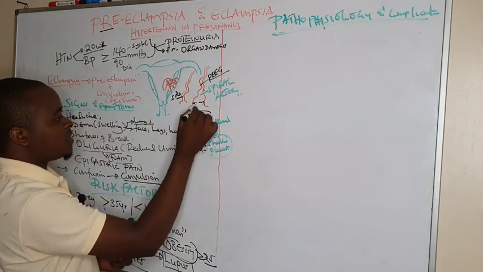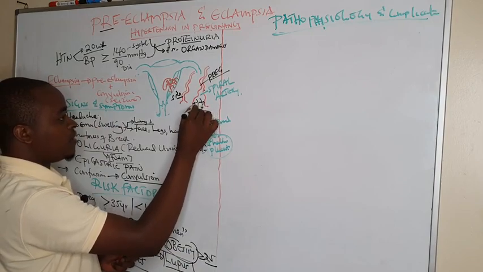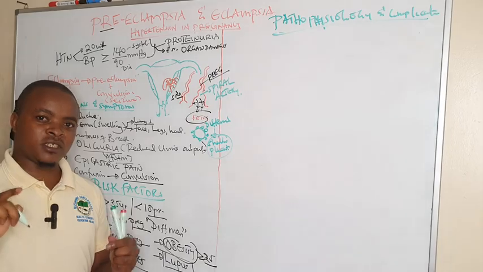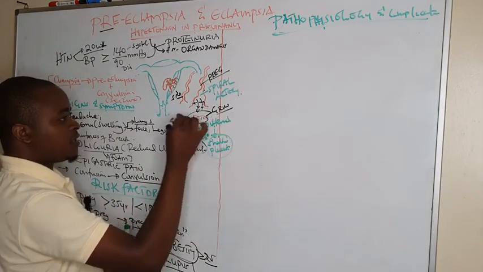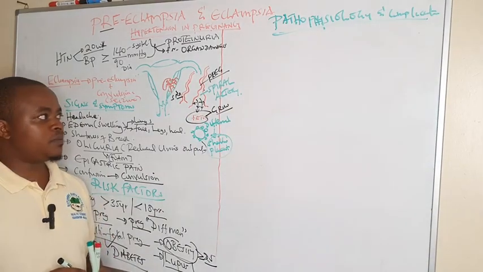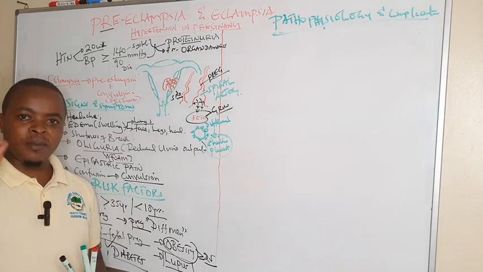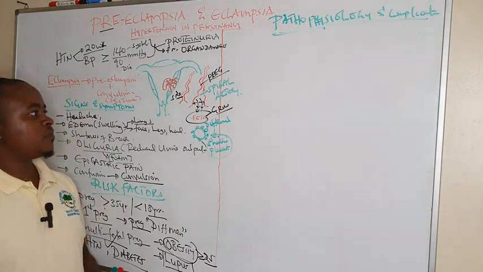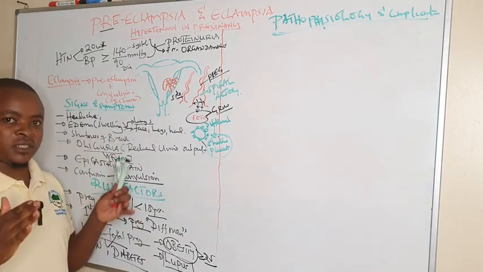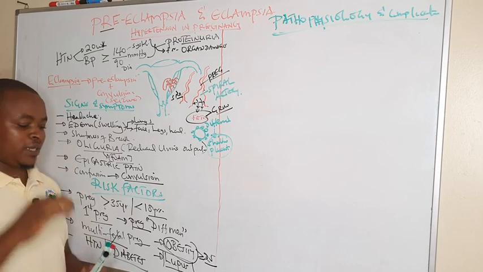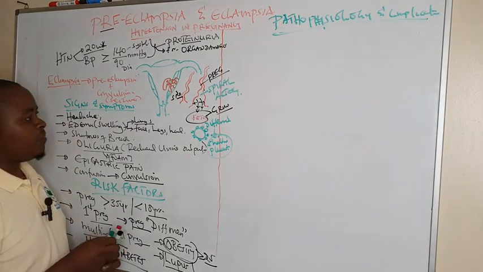So if the fetus is here, there is increased supply of blood containing oxygen to the fetus so that it can continue to grow. So with preeclampsia, what happens? The artery fails to dilate or fails to increase in size so that there is increased blood supply to the fetus.